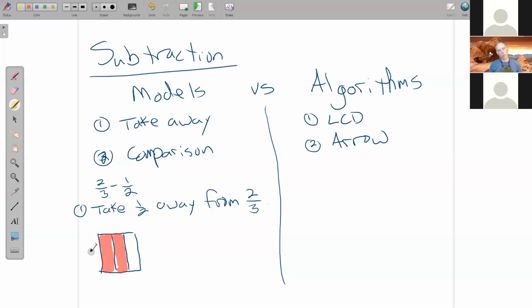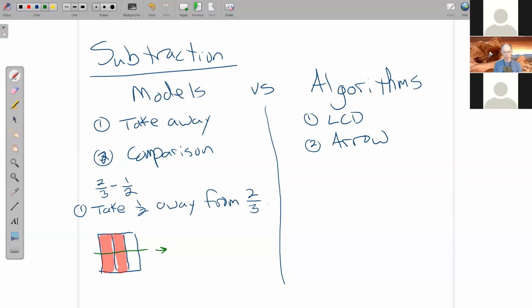And I want to take 1/2 away. I've got a couple options on how to do that. Let's use green. Since I don't see a full half here, I might want to rebuild this a little bit. I tend to like to cut in the other direction so I can see what a half is. And in the top and the bottom, I don't have a full half. But what I could do is pick up one of these pieces and move it so I could see the half.